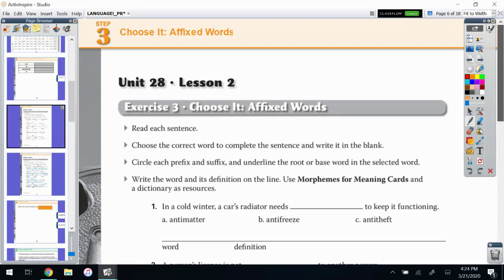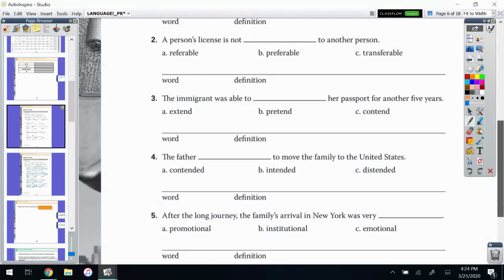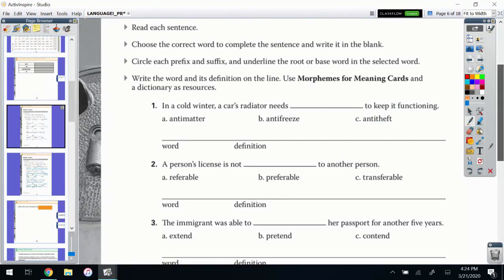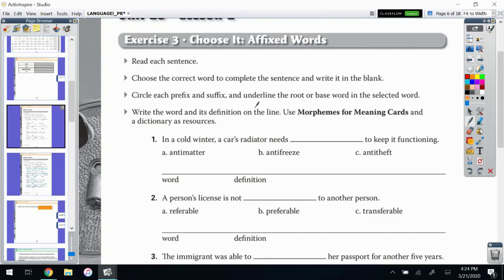Please turn to your interactive text and do page 156. Read each sentence, choose the correct word to complete the sentence and write it in the blank. Circle each prefix and suffix and underline the root or base word in the selected word. Pause the video and do that now.